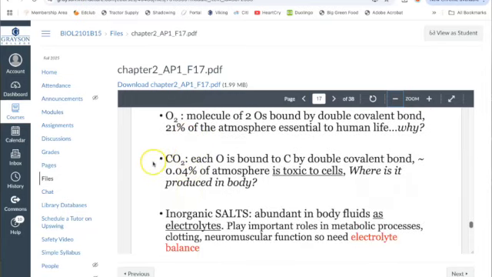Another one is carbon dioxide. Even though our body, when you breathe in oxygen and you let carbon dioxide out, even though carbon dioxide is toxic to the cells, we need it. Okay. We're going to learn this in AP2, where carbon dioxide is needed to help buffer some of the acid and base reaction.